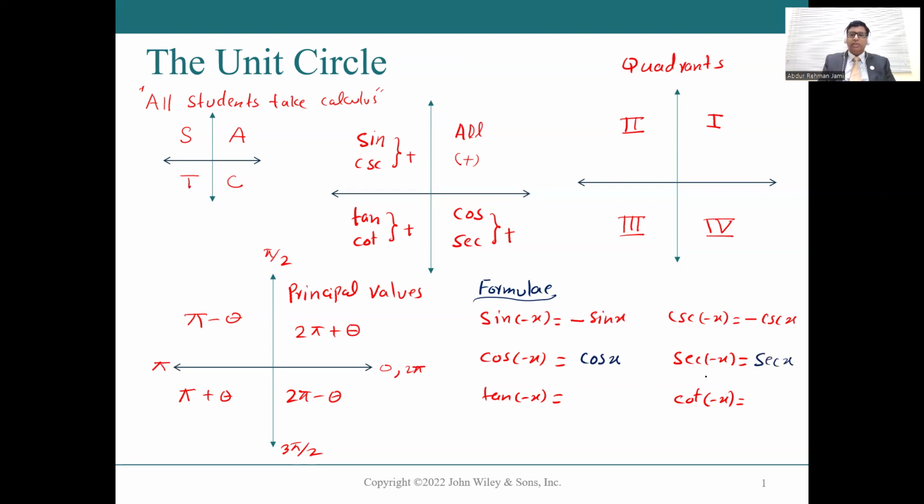Cosine is an even function, so its negative angle is always a positive value. Tangent of negative x will be negative tangent x, and cotangent of negative x is negative cotangent x. So you can see here a list of formulas on this page, which are very useful while we are writing the values of the trigonometric functions.